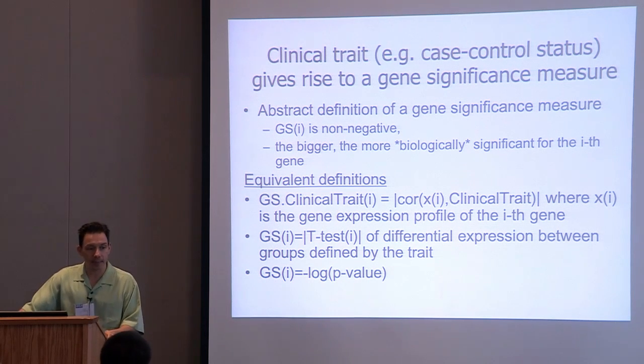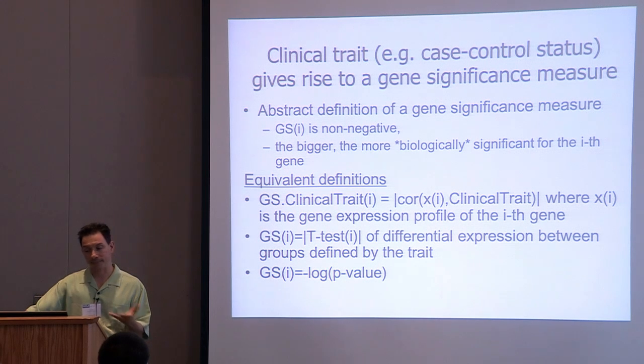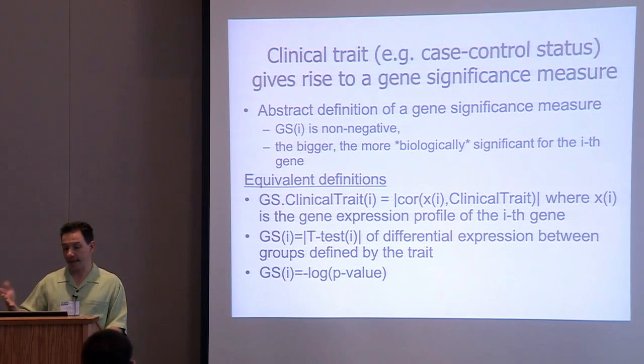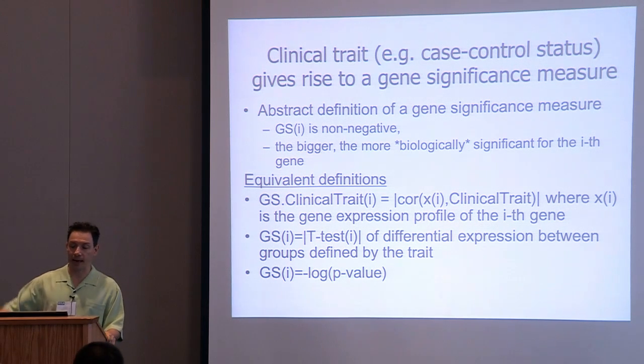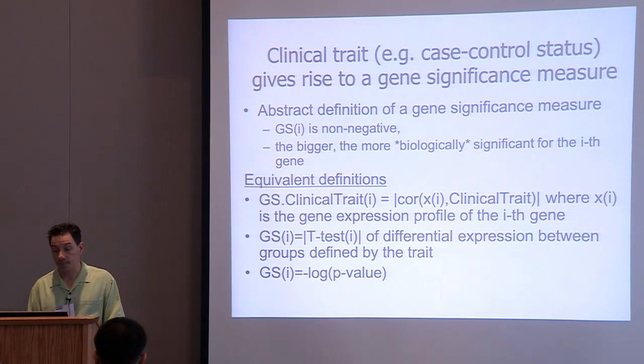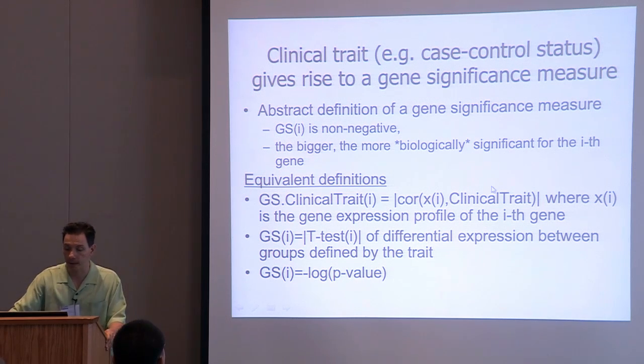And the number one tool of annotating a module is by using these gene significance measures. So a gene significance measure is really a number, and a high number means that gene is significant. For example, if you have a clinical trait, could be disease status, could be HDL levels, you can correlate each gene with that clinical trait and take the absolute value of the correlation.